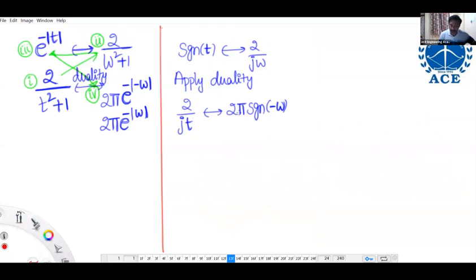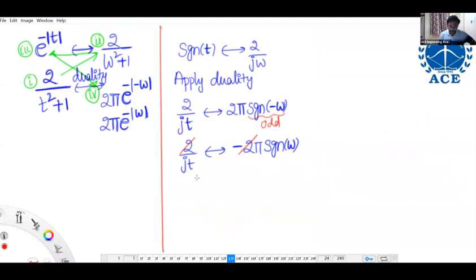As signum is an odd function, this quantity is odd, or not? Sgn of minus omega can be written as what? Of course, cancellation of 2. As signum is odd, sgn of minus omega is minus sgn omega.